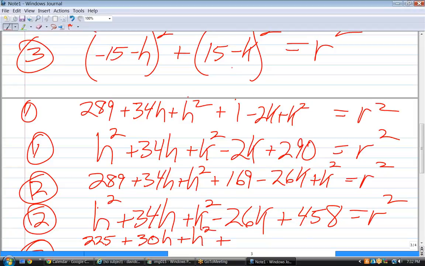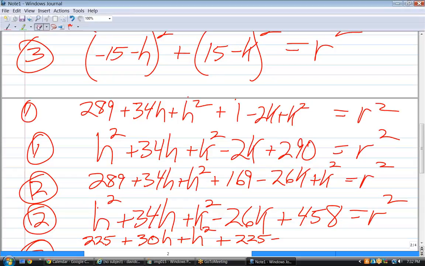Now expand the 15 minus k squared. So it's 225, and then plus minus 30k, minus because it's a minus there.